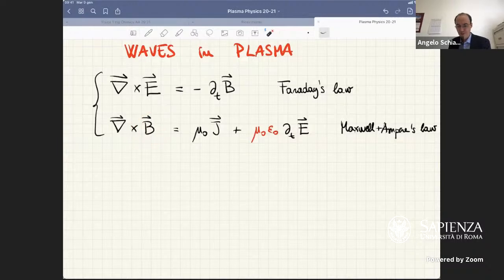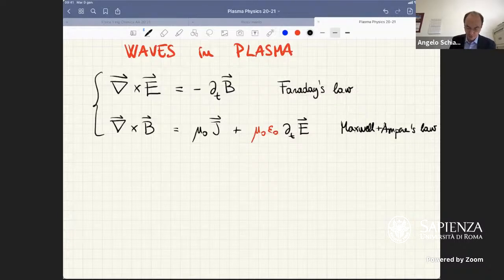Instead, in the Maxwell-Ampere law, the magnetic field B is linked to the current density, and the current density is a property of the medium, of the plasma. So the equation that links the electromagnetic field with the plasma properties, the dynamics of the electrons and the ions, is the definition of the current density J.